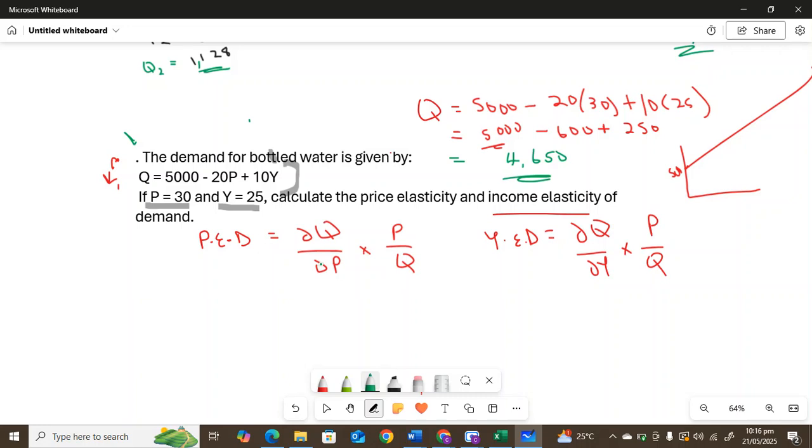Okay. So we calculate the price elasticity of demand first. This means we're going to partially derive our demand function with respect to price. When you're deriving this function, if there is no P next to the number, it disappears.